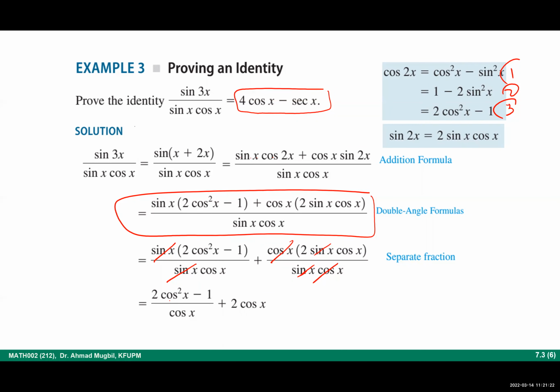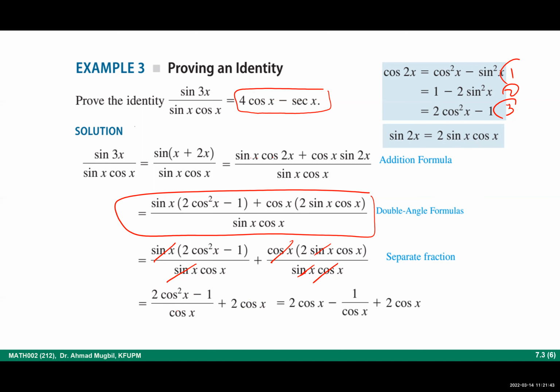Okay, now 2 cosine squared x minus 1 over cosine plus 2 cosine x. What we can do next? Make it as one fraction. No, distribute. We will separate the fraction here. What it will be?